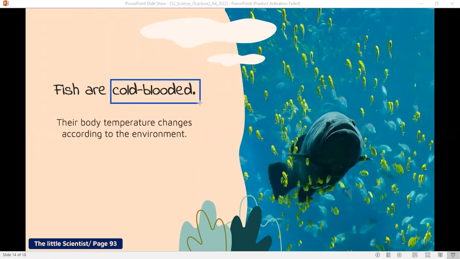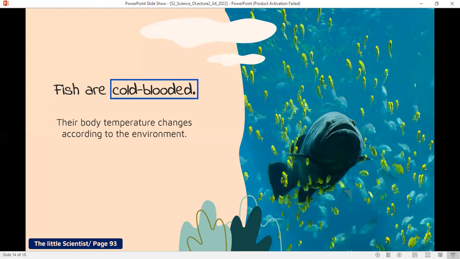What do we mean by cold-blooded? If you ask your moms about your body temperature, she will say that your body temperature must be fixed. We have a normal body temperature equal to 37. So our body temperature is fixed in winter, in summer, whether it's cold or it's hot outside, the body temperature must always be equal to 37.